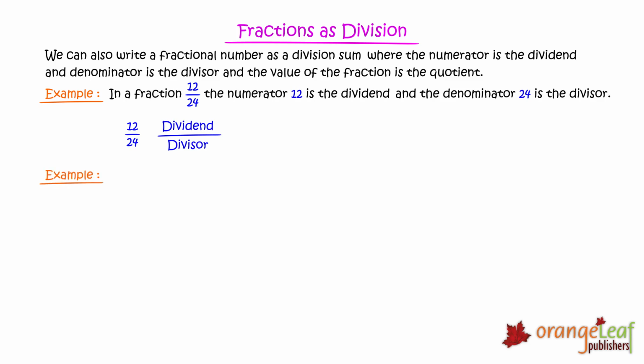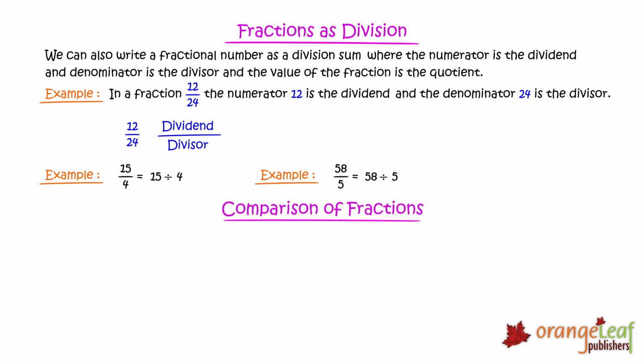Example 2. 15 by 4 is equal to 15 divided by 4. Let's take another example. 58 by 5 is equal to 58 divided by 5.